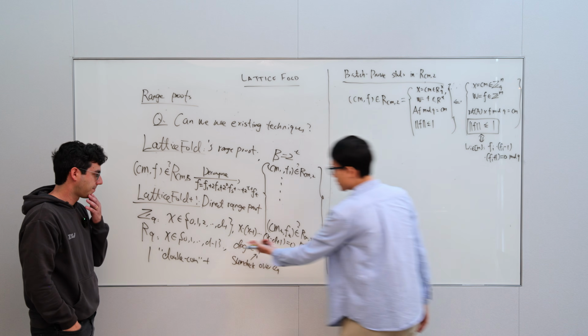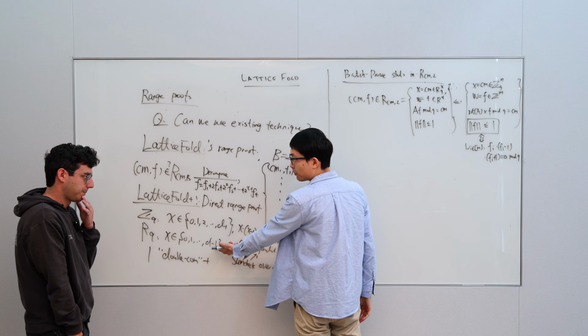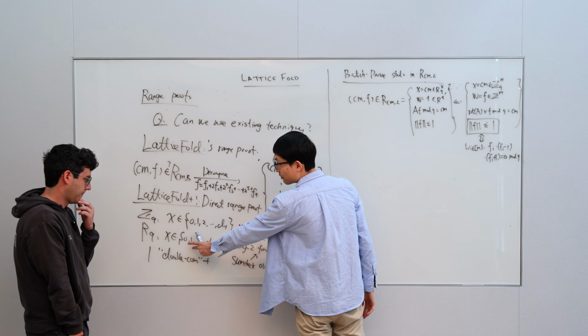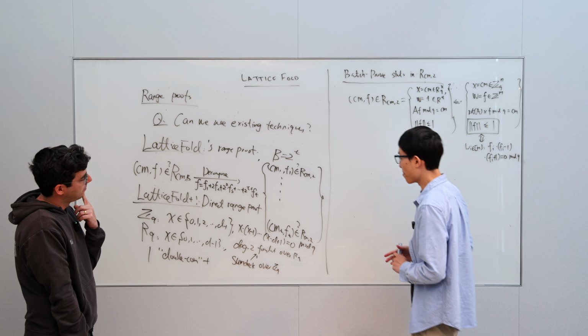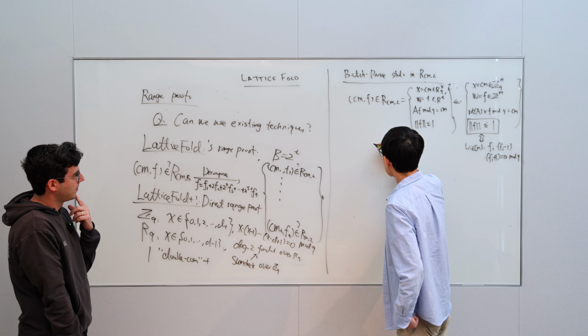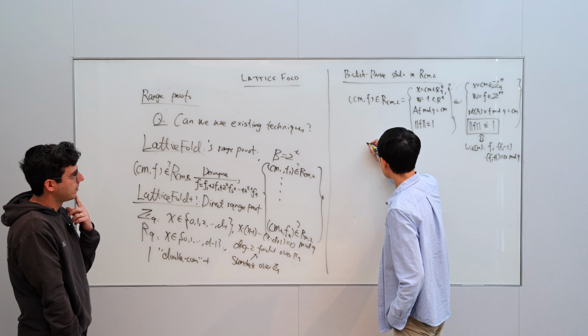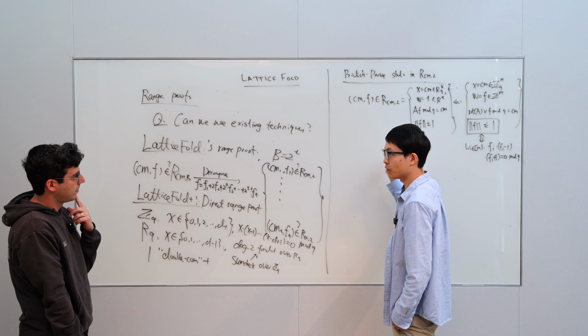So to check this, you can understand this as a lookup argument, where the table is 0, 1, up to d minus 1, right? Given this, you can embed this table inside one ring element.